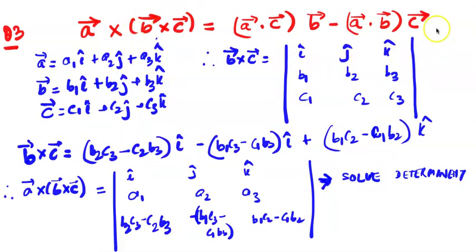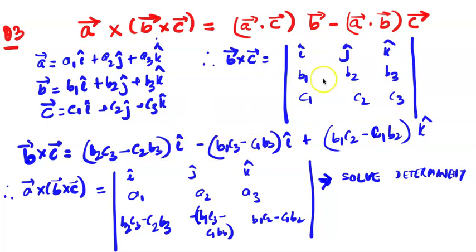So let us say what is a longer way of solving this same equation which we solved just before. We say that A vector in 3 dimensions is a1 i hat plus a2 j hat plus a3 k hat, similarly B vector and C vector. We know that B cross C is basically the determinant of this, where we put i, j, k, which are the unit vectors, b1, b2, b3, c1, c2, c3, and we solve this determinant.